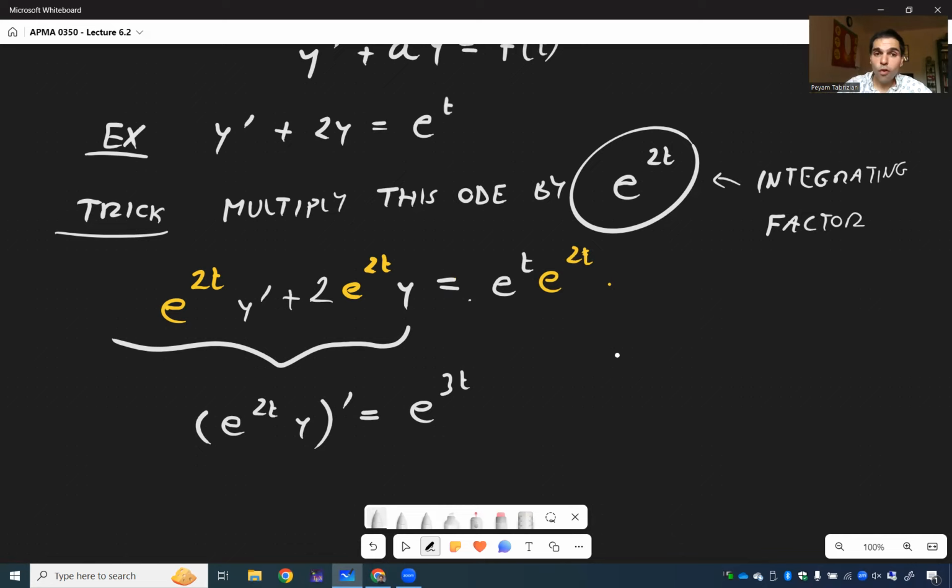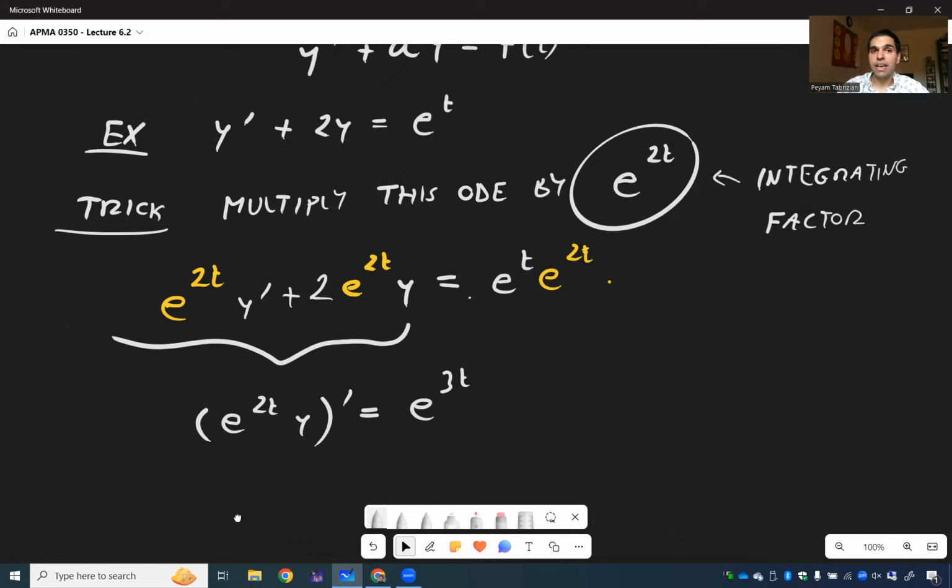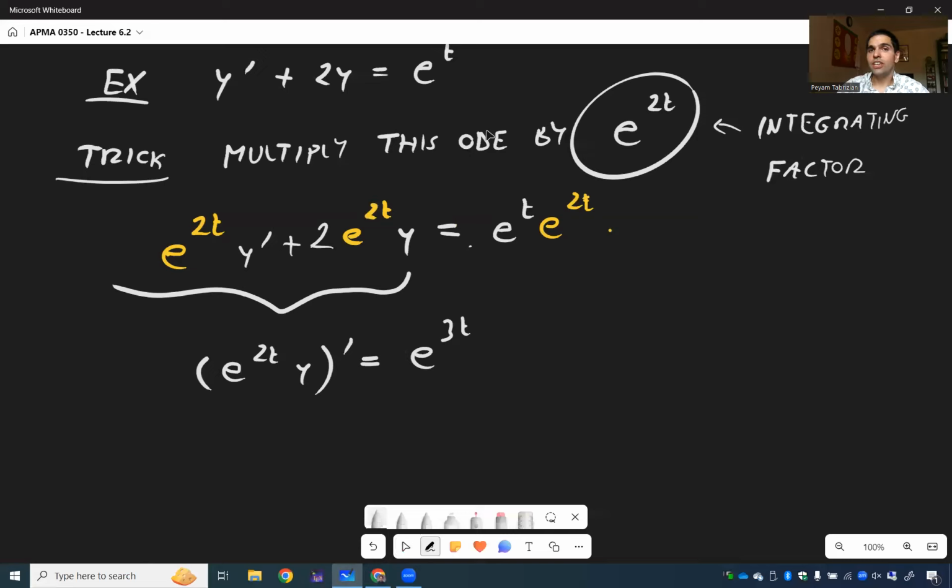Just as before, we can solve this by integrating. That's why it's called an integrating factor. Then we get e to the 2t y equals the integral of e to the 3t dt. I'd like to remind you that an antiderivative of e to the 3t is 1/3 e to the 3t, because when you differentiate e to the 3t, an extra 3 comes out, so we want to do the reverse.